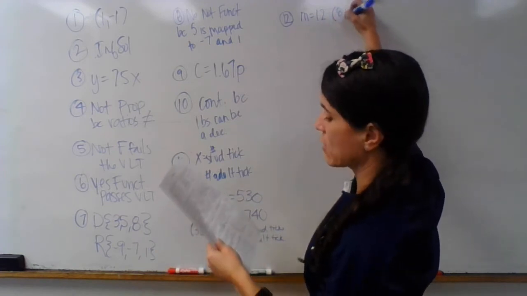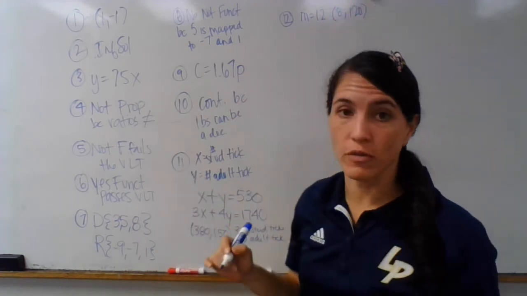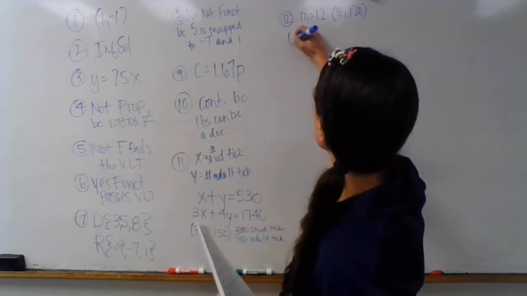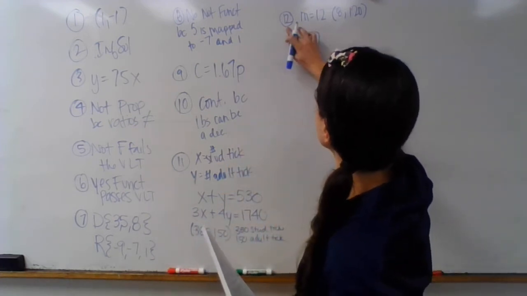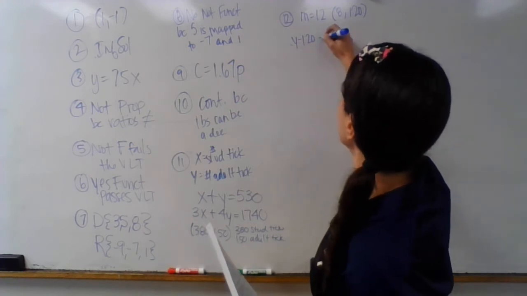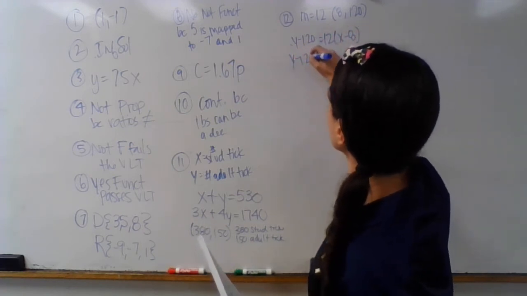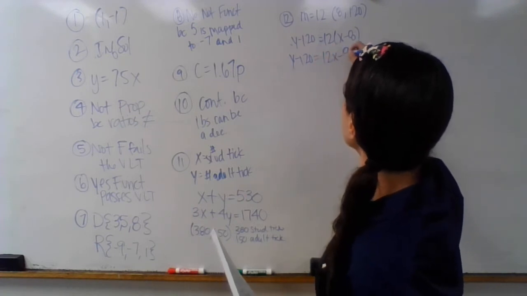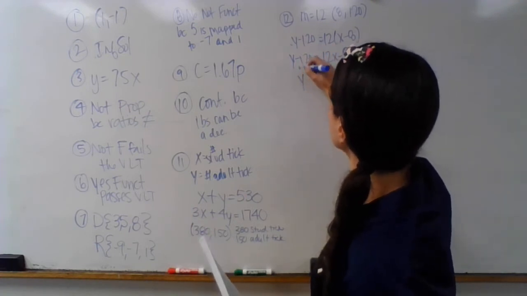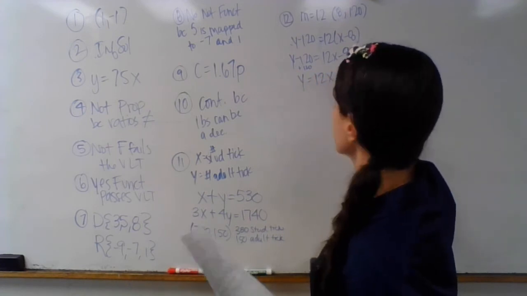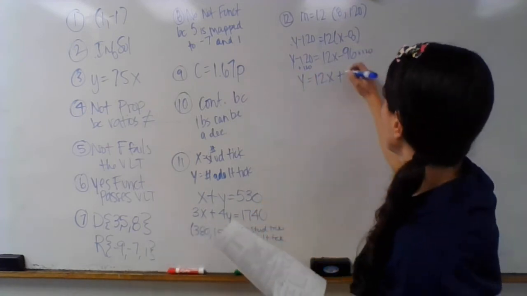And then after 8 weeks, there are 120 photos. So that's my point. So I need to put it in point slope. Y minus 120 equals 12 times x minus 8. Minus 96, you add 120, y equals 12x plus 24.